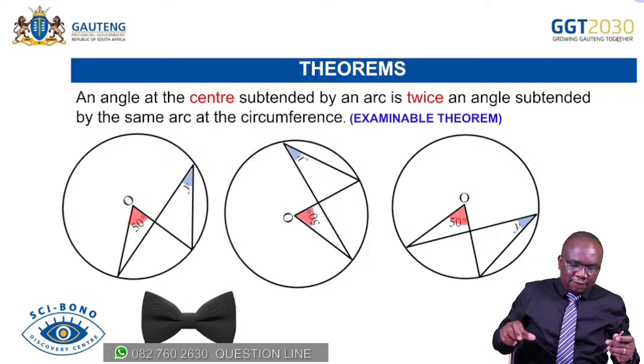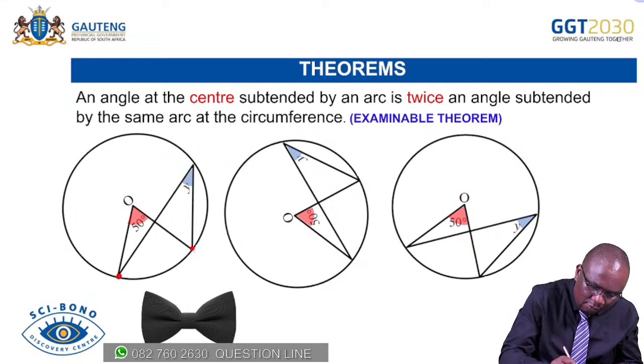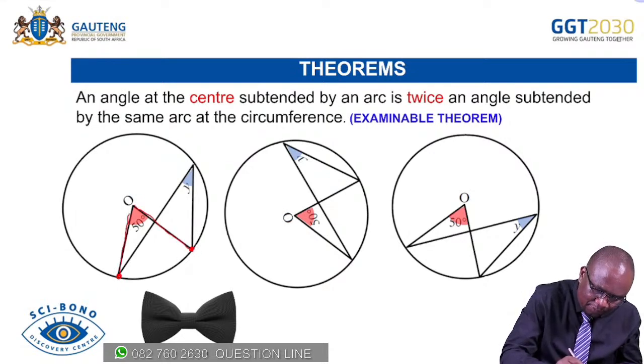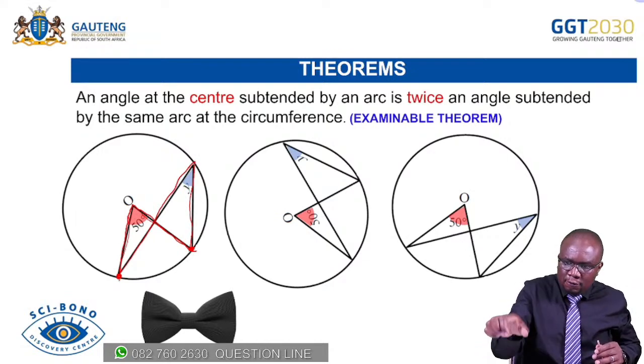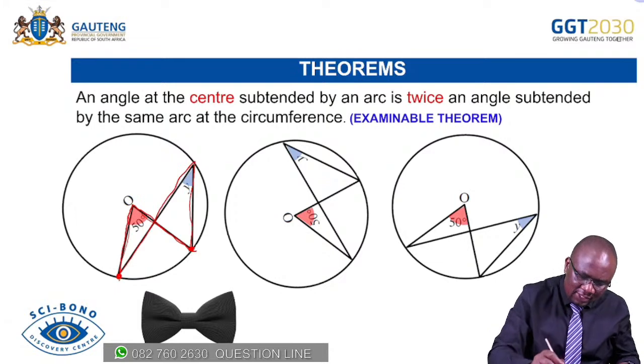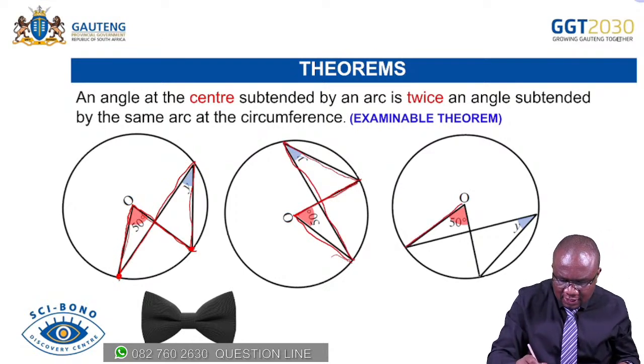Just use the fingers. Like here, I put my finger there, I put my finger there. I move to the center, I go back, and then I move to the circumference. You do that: move to the center, go back, move to the circumference.